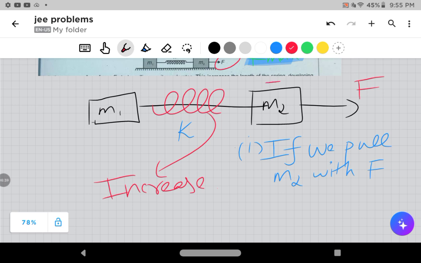The velocity of M2 is this way. If I name V12 the velocity of block 2 with respect to block 1, then if this velocity increases, the elongation is going to increase.